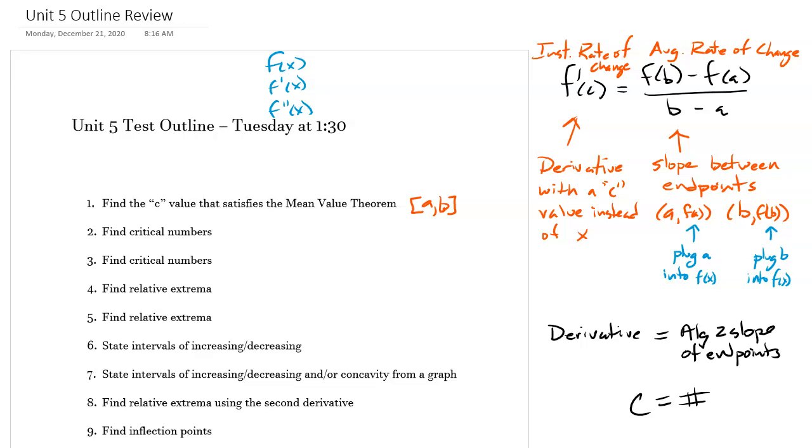Now I can do an example if somebody has an example they want me to put up quick. Otherwise, my guess is you guys probably feel a little bit more comfortable with the mean value theorem than some of the other questions, but I could be wrong. Like I said, I'll just do whatever you guys ask me to, but I thought I would go through each problem. So this is question 1 on the test.